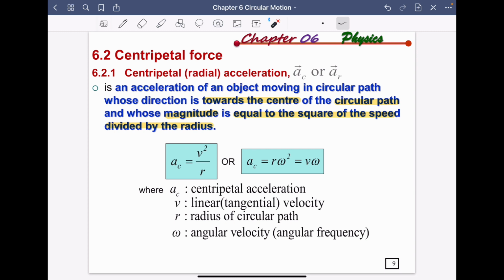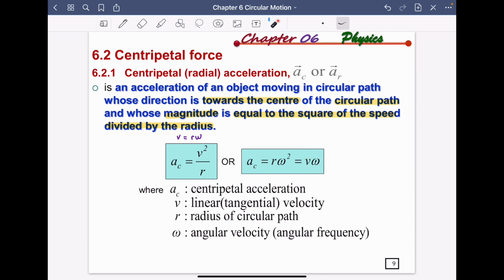Okay, from the equation of V just now, V equal to R omega. So, from the equation of V square over R, and we combine with V equal to R omega, another equation we can use is AC equal to R omega square or equal to V omega.